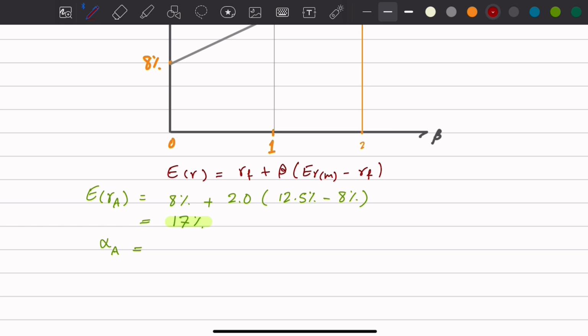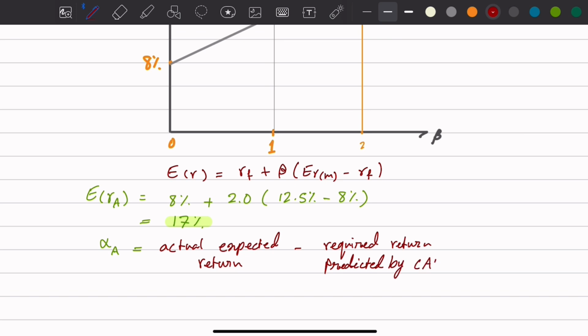The alpha formula is the actual expected return minus the required return predicted by the capital asset pricing model, CAPM.